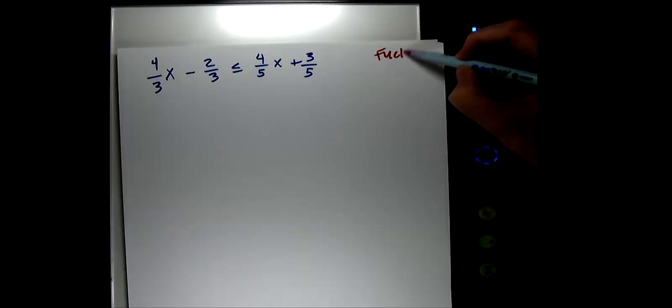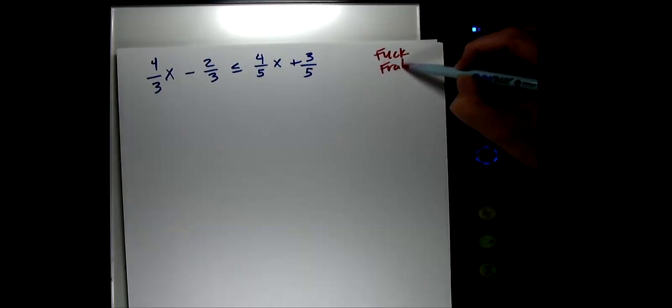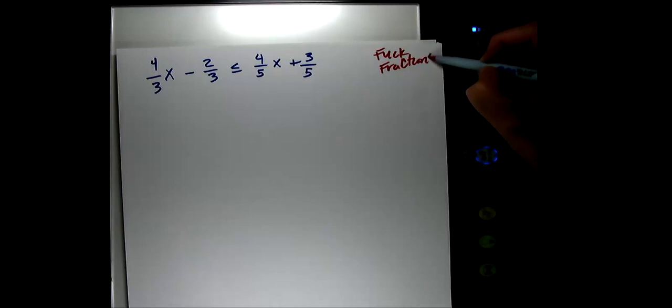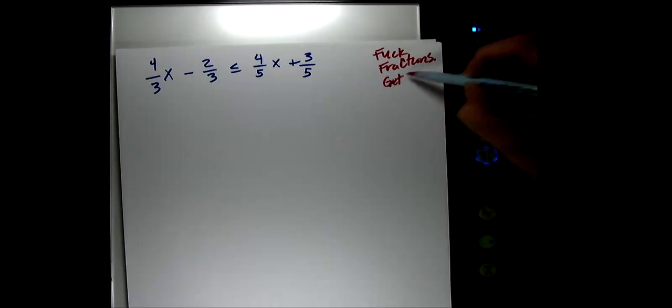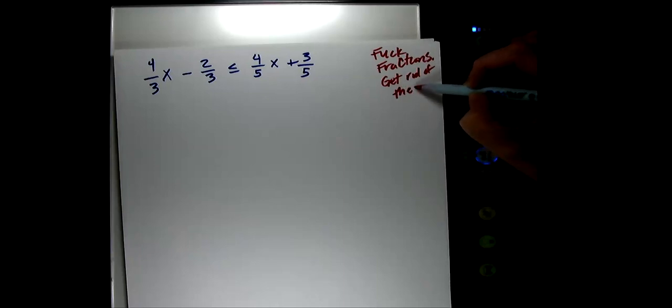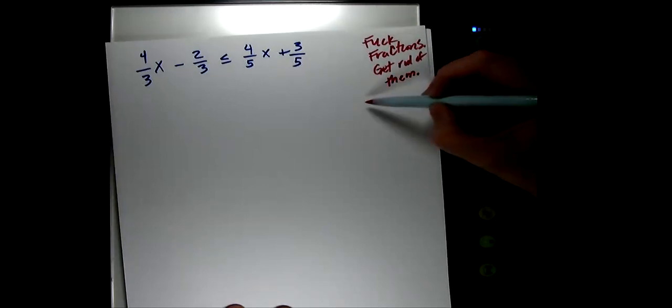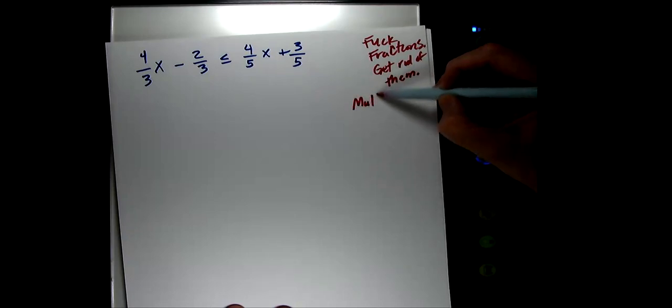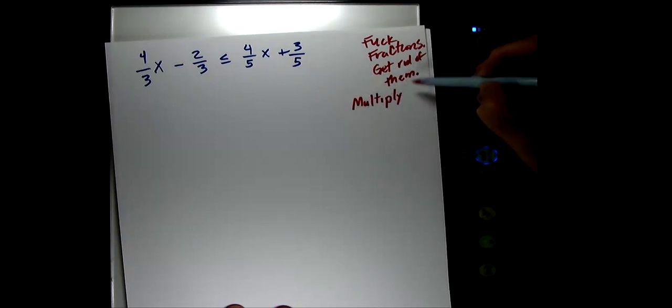So this is the math way. That means get rid of them. We want to tell them to get out of our equation. The only way to do that is to multiply by the LCD, or multiply by a common denominator.